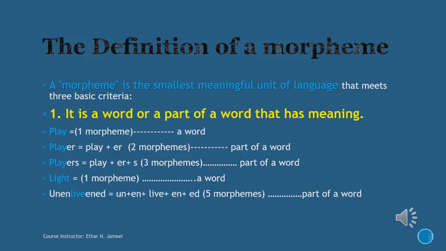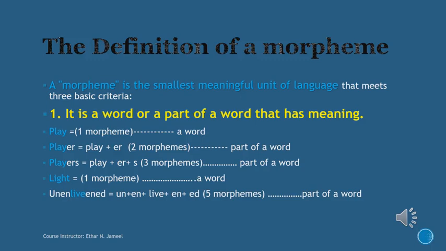So how is that? A morpheme is the smallest unit and the phoneme is the smallest unit. Well, you have to complete the definition to know the difference between them. The phoneme is the smallest unit of a language, but the morpheme is the smallest meaningful unit of a language.